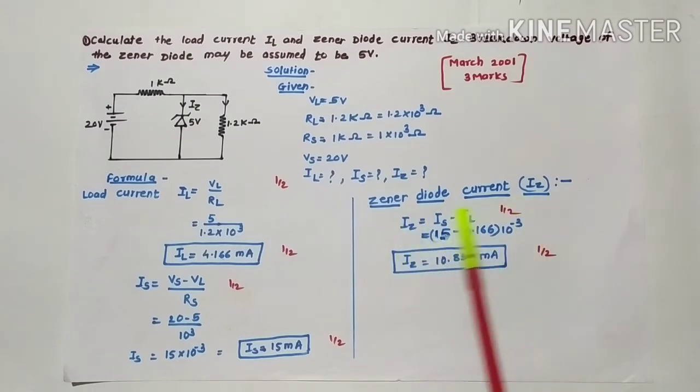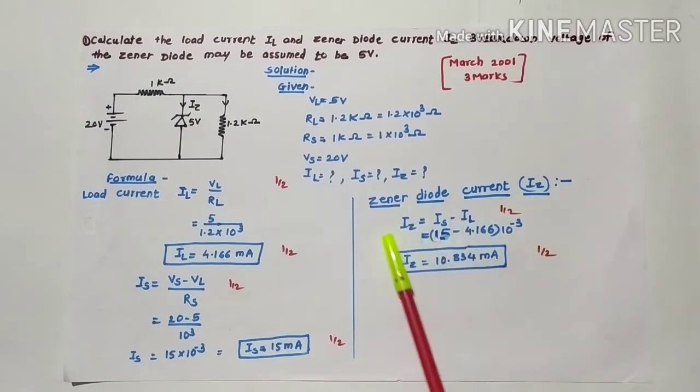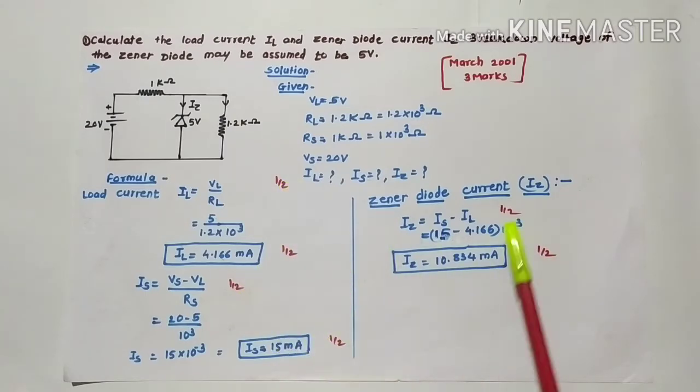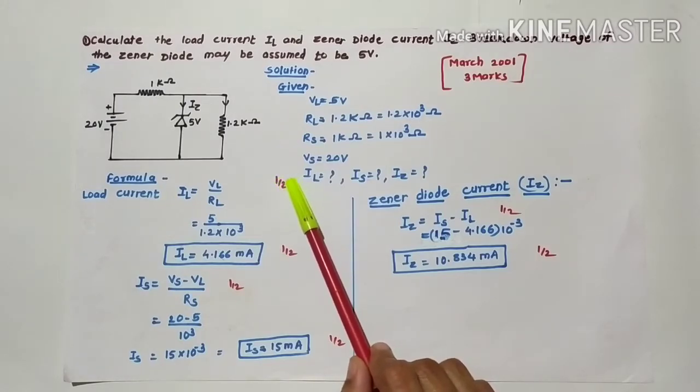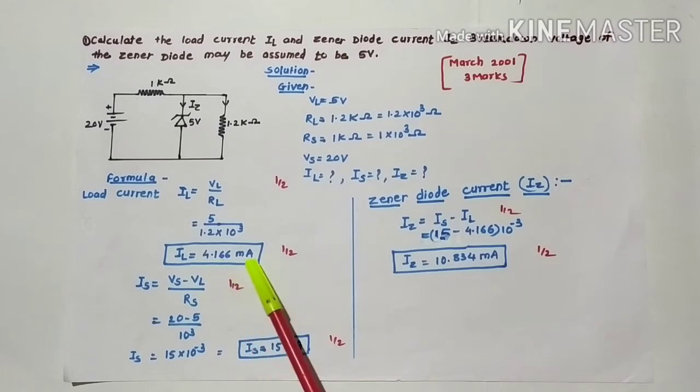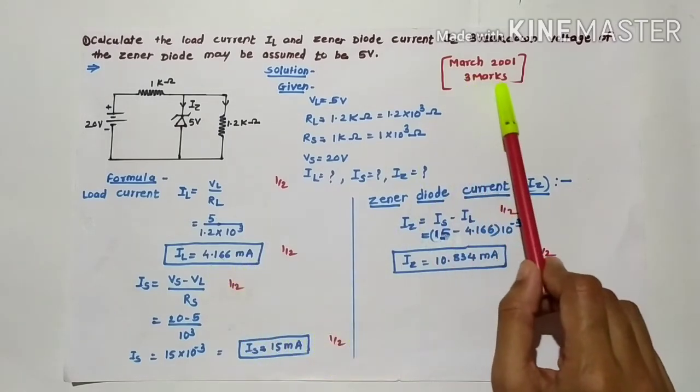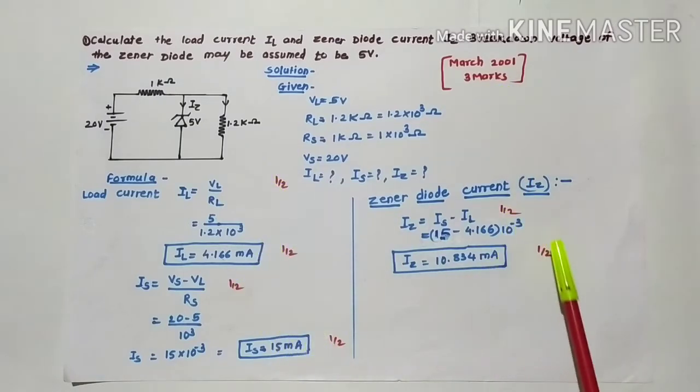Then at last IZ, correct formula half mark, and proper final answer with proper unit half mark. In this way the total 3 marks are divided in this problem. So you will get full marks for each correct formula and each correct answer with its units. Okay students, remember how these 3 marks are divided for each and every term and solve accordingly.